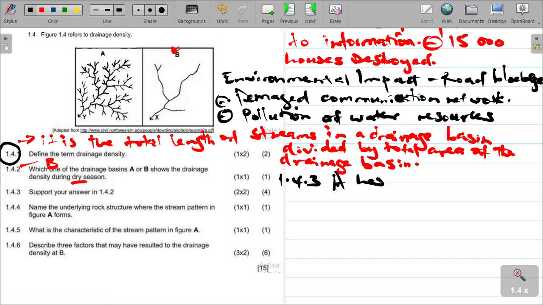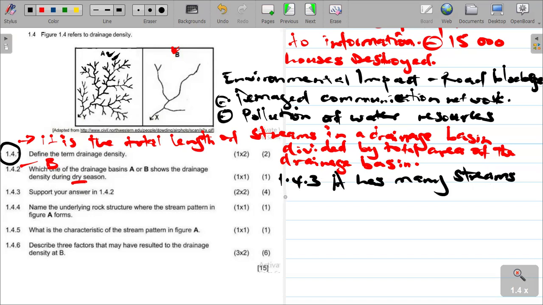As you can see, there are many streams in A, and the total length of streams in A is longer than that in B.